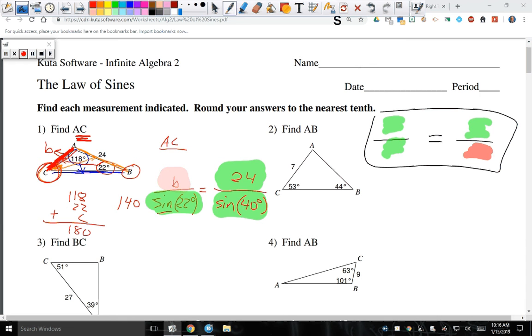Law of sines is called law of sines because you use the sine. So now you can cross multiply and divide to get B as your answer. Let me show you something real quick. For the sake of time, I'm going to use something called the solve feature.